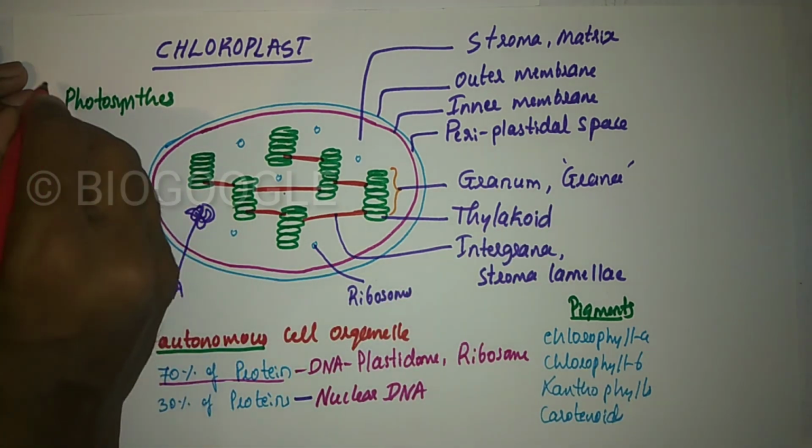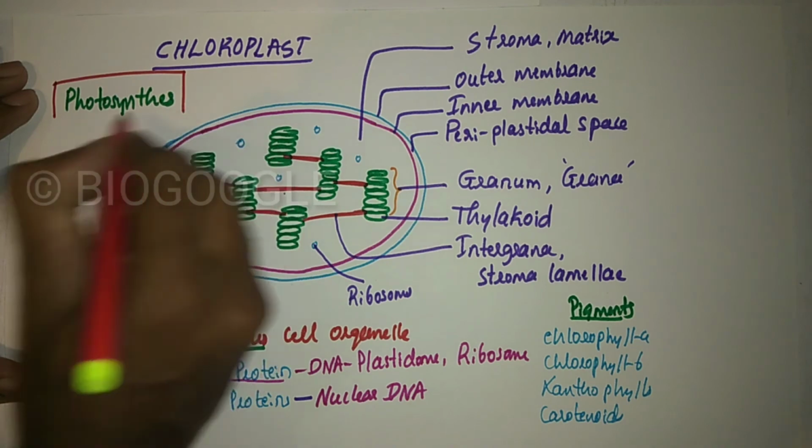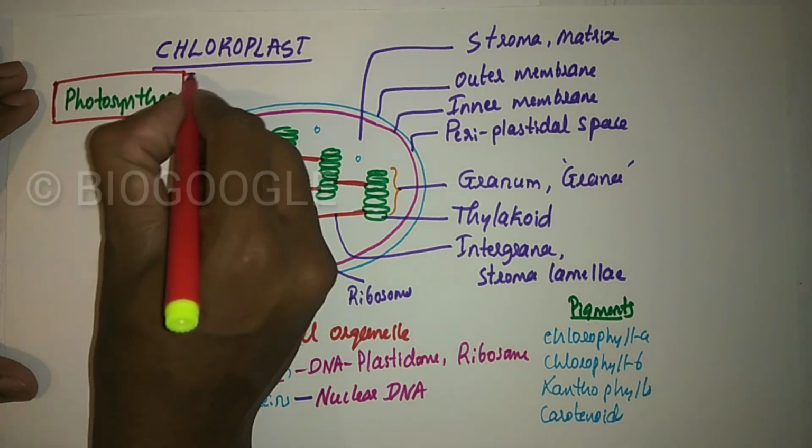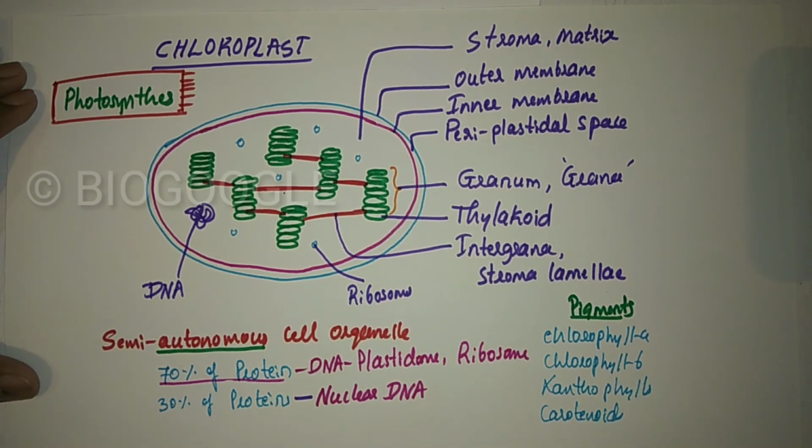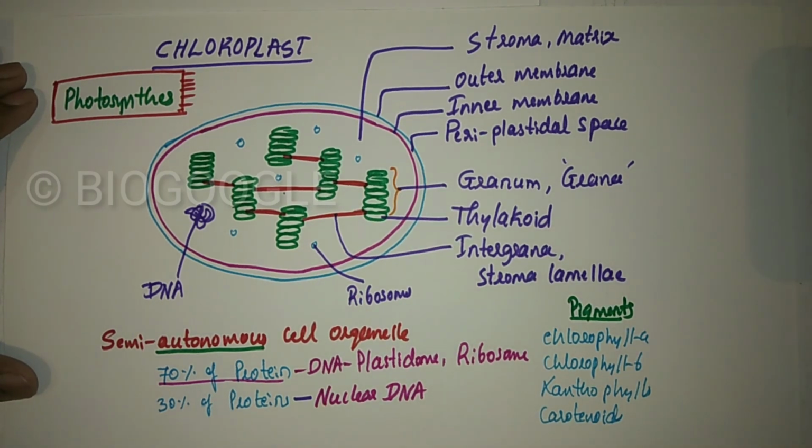Since plants are autotrophic, they can prepare their own food by photosynthesis, using natural light, water and minerals from the soil, and carbon dioxide from the atmosphere, and by photosynthesis the plants release oxygen and some amount of ATP molecules.